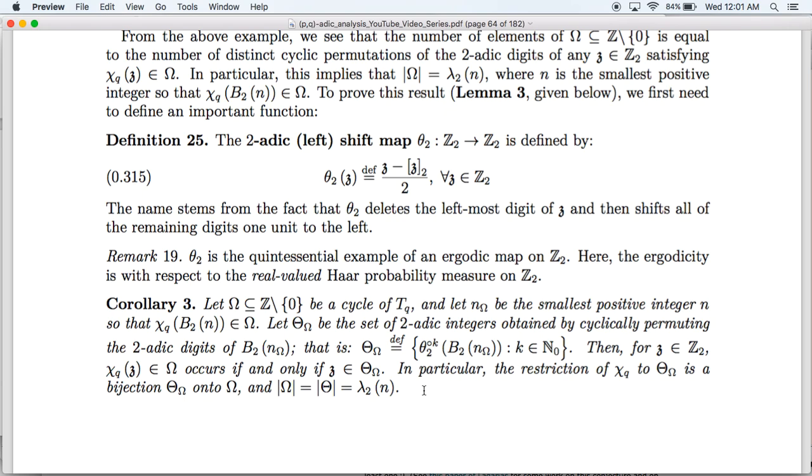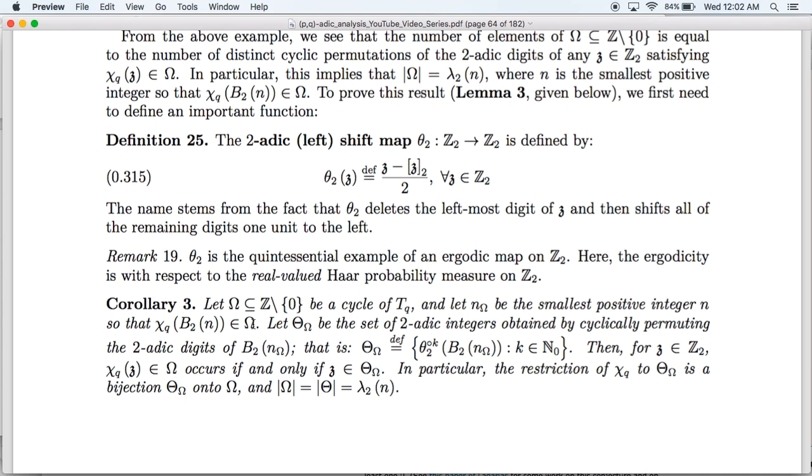So the cyclic permutation thing is this. Let big omega be a cycle of T-cubed in the integers that doesn't contain 0. Let n omega be the smallest positive integer so that chi-q of b2 of n omega is contained in big omega.